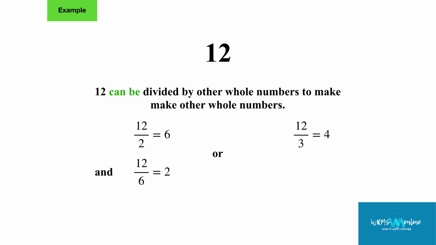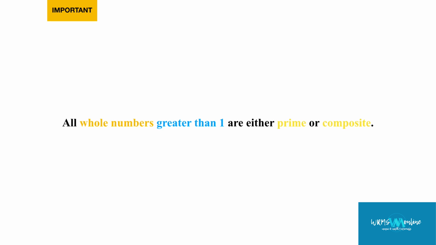Or 12 divided by 3 equals 4, and 12 divided by 4 equals 3. It is very important to remember that all whole numbers greater than 1 are either prime or composite.